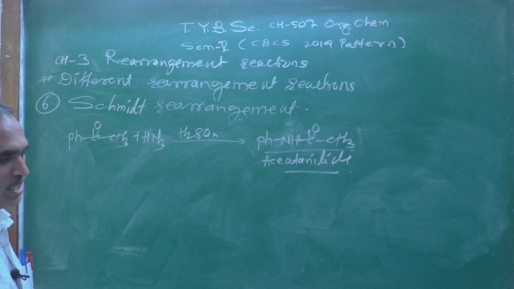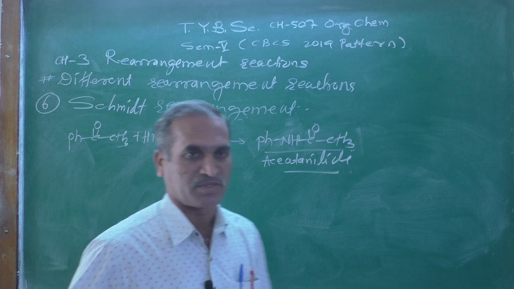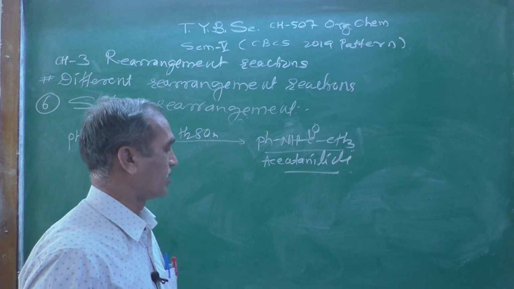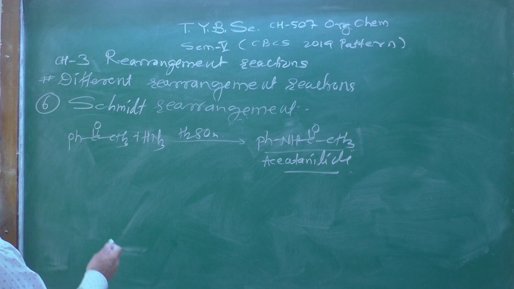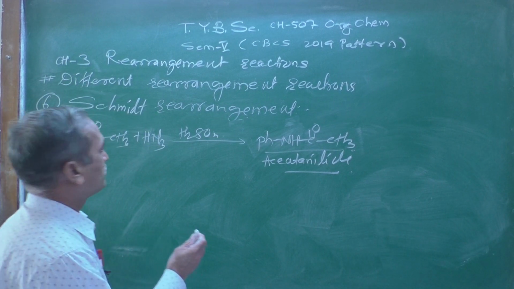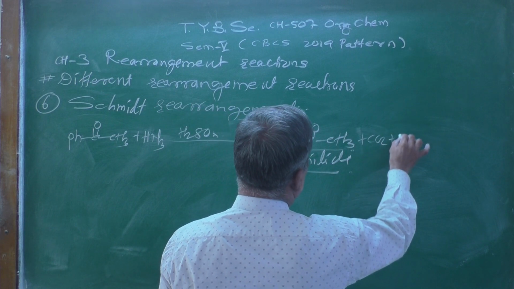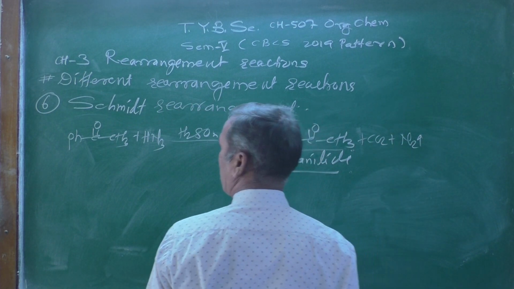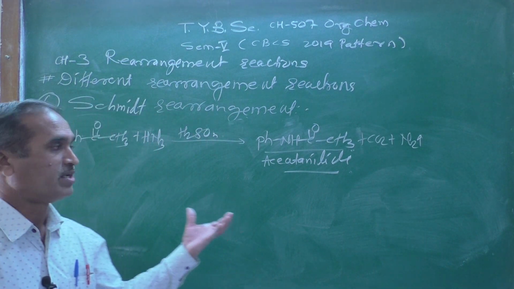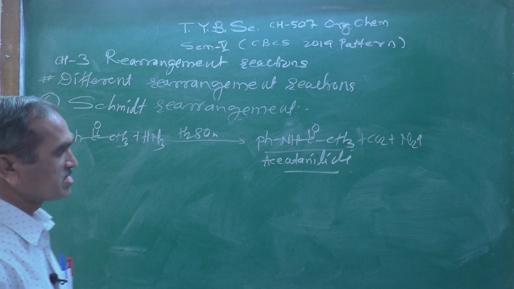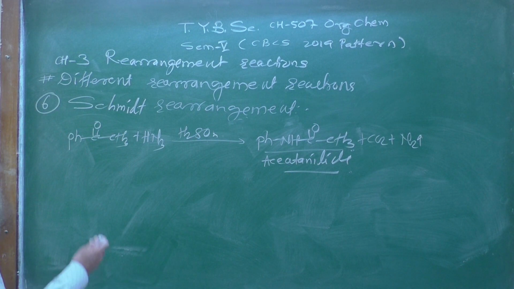And as we know, the general mechanism of the Schmidt rearrangement reaction you can apply here. The side products are carbon dioxide as well as nitrogen, both in gaseous form, and therefore the resulting compound obtained is free from impurities.